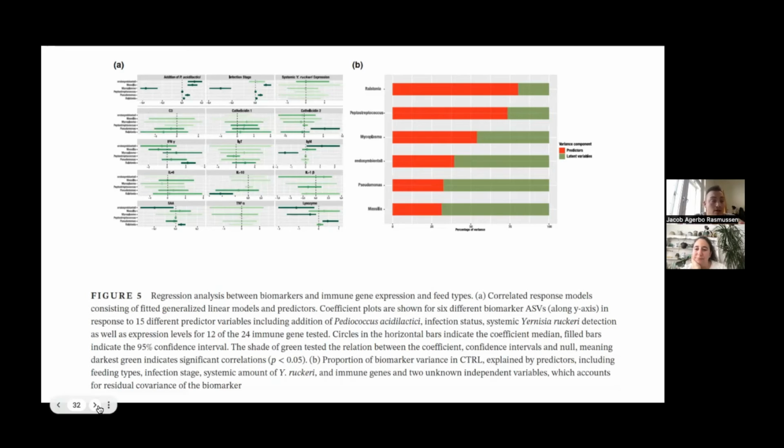And then we went into specific genes, and we saw as an example that this Mycoplasma was highly affected by the innate immune system, like lysozyme as an example, which is a very non-specific immune agent, right? And the same with other bacteria also.